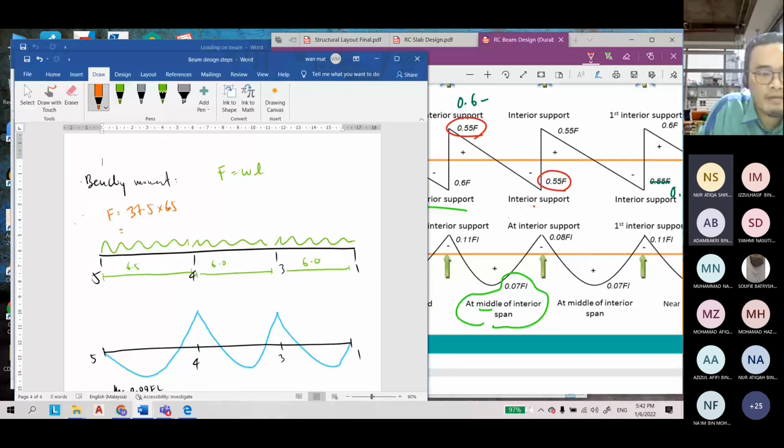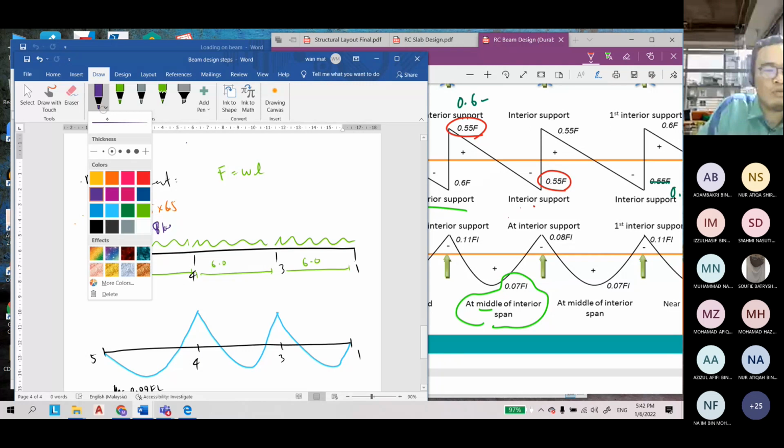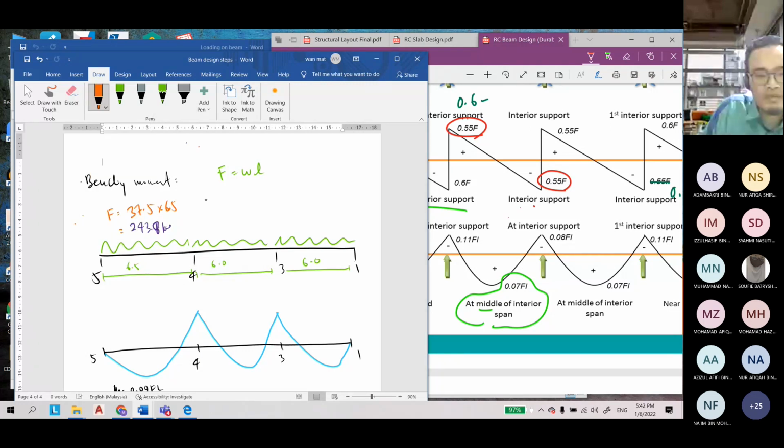243.75 kilonewton. For span number 2, this will become the F for both of these spans.